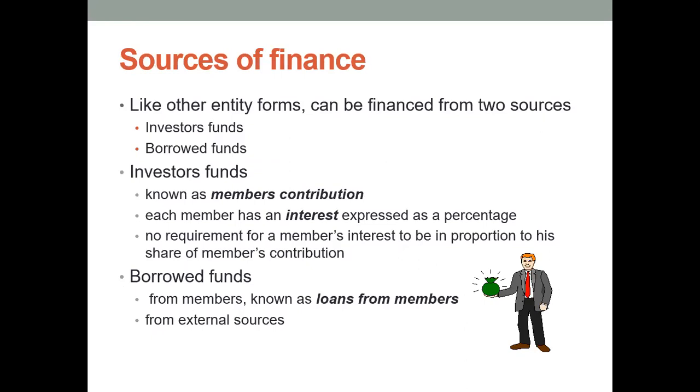And then let's look at the source of income. Where do they get their finances from? Just like other forms of ownership, they can be financed by investors and also borrowed funds. Investors in this case are members. If you want to become a member, you contribute your membership contribution, then you can become a member of the entity. So investors are known as members' contribution. Each member has an interest expressed as a percentage.